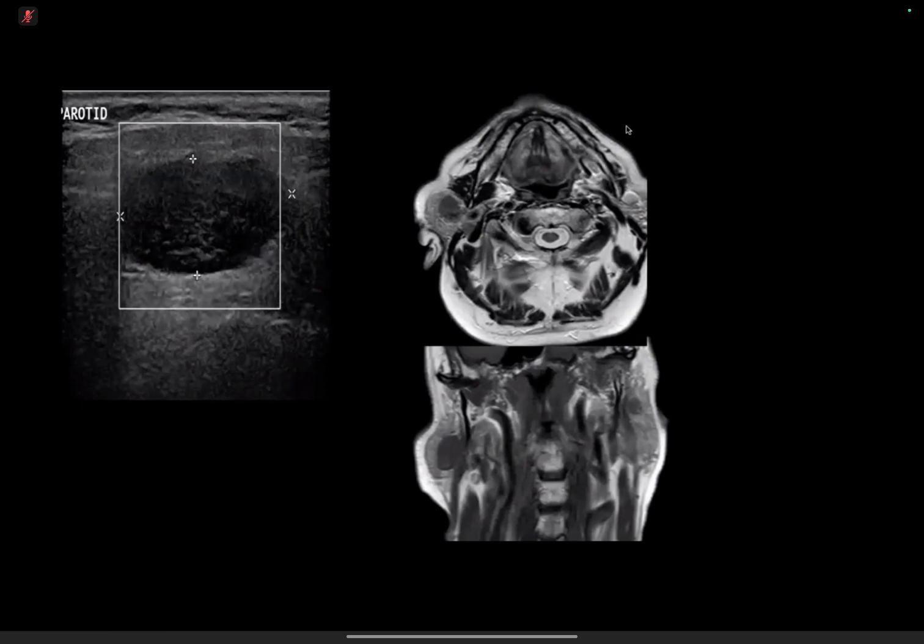There's not a large solid component. I'd like to assess for enhancement, as I presume the MRI scan may have post-contrast. But it might be a low-grade neoplasm. Differentials include lymph node, although the morphology is not suggestive of that, or a metastatic deposit from elsewhere.